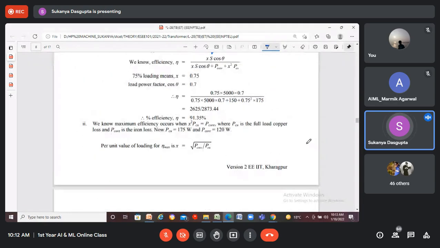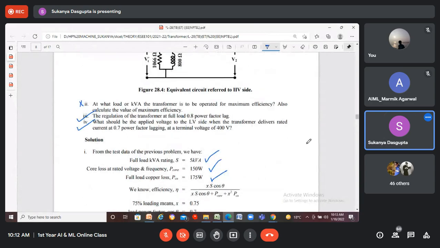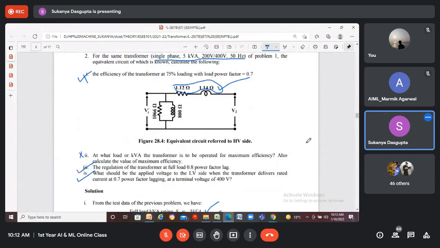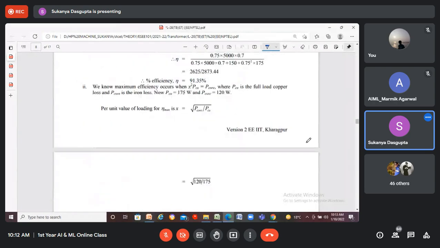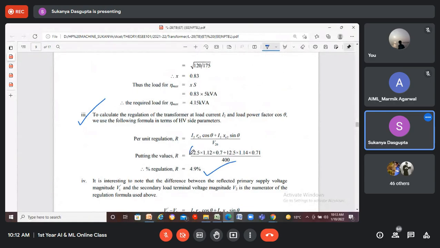Or if it is not given, you have to calculate it. This will be the known data, the secondary current or the load current.